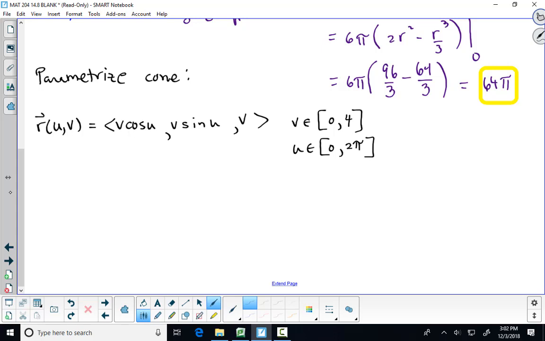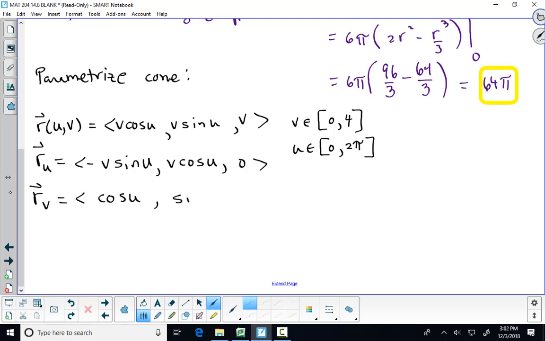So for the normal to the cone, we're going to do r sub u and r sub v, and then cross them. So r sub u is going to be minus v sine u, v cosine u, 0. And then r sub v is going to be cosine u, sine u, 1. So those are the two partials based on our parametrization. Cross them, that'll give us a normal.